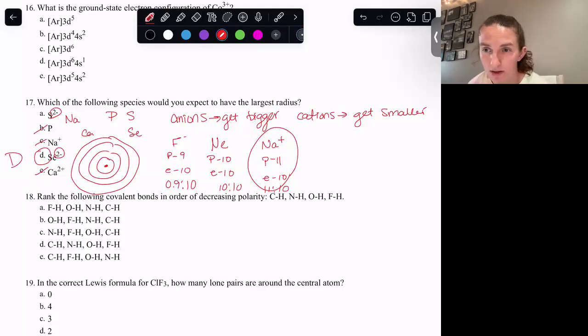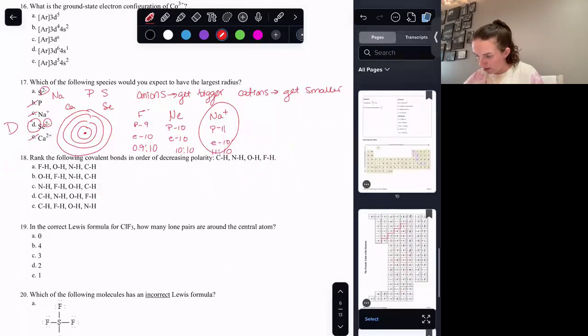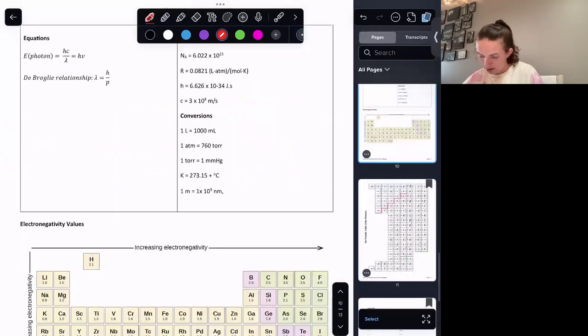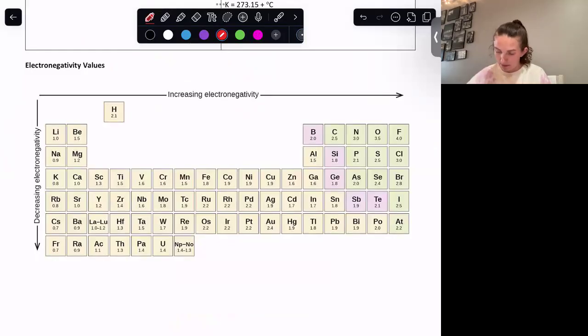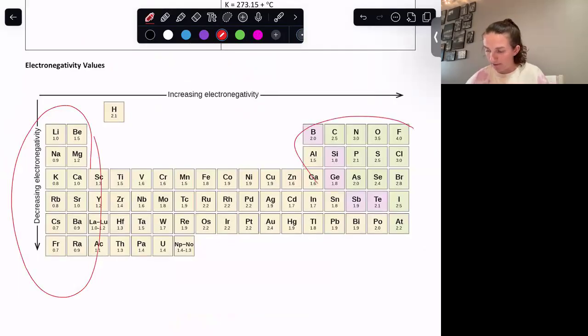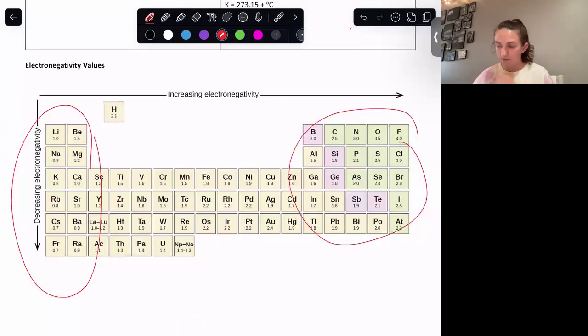Should we always assume that cations have a larger radius than the cation element? So if you're just looking at elements directly on the periodic table, these metals here are going to be bigger than their respective atom on the same period in the same row.